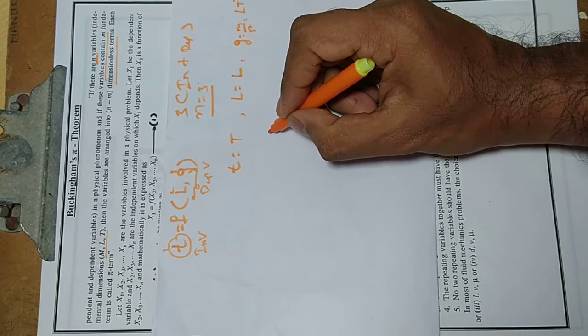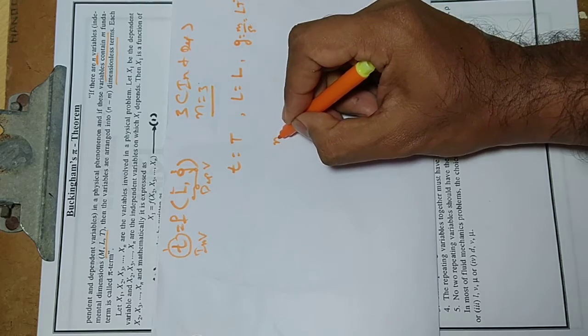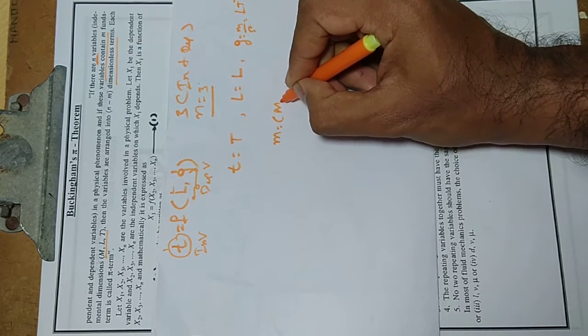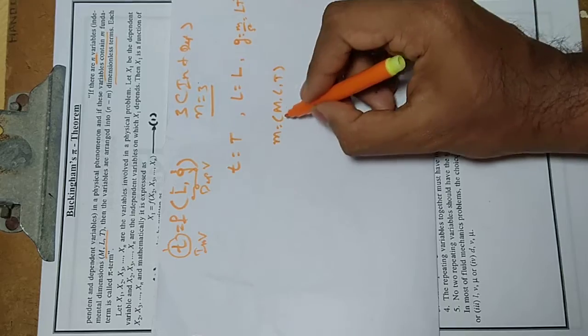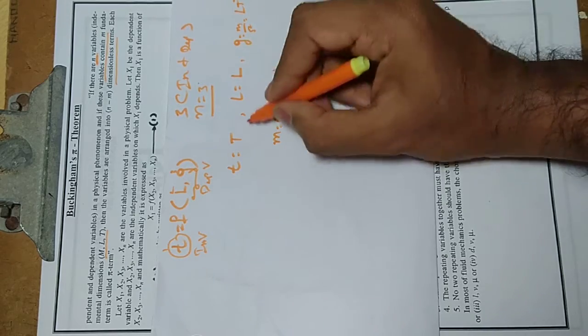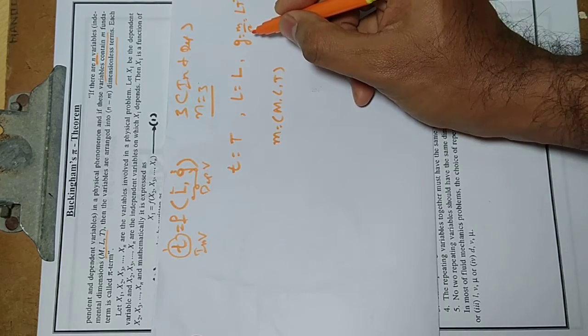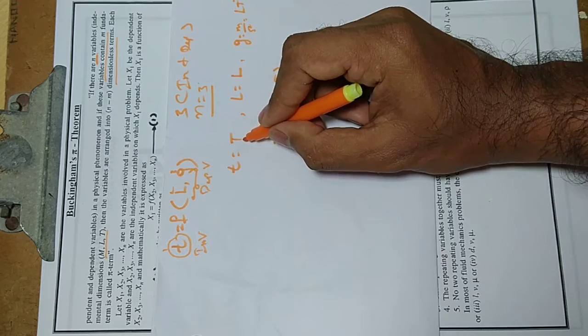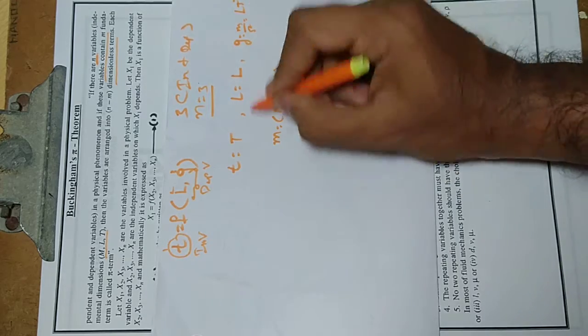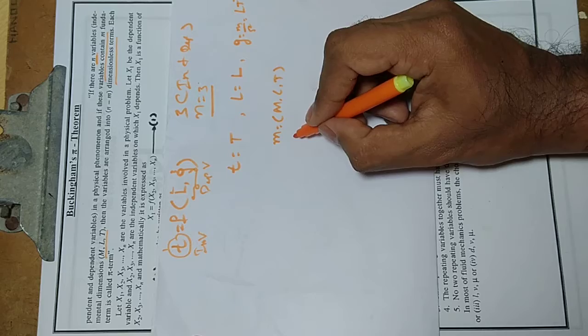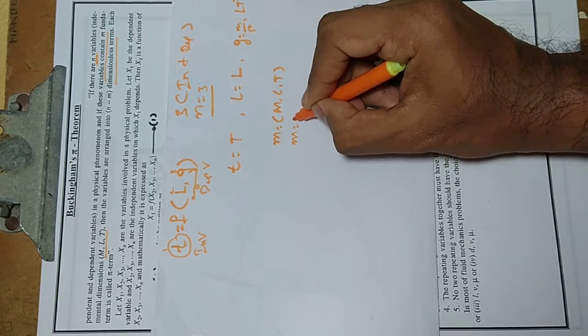We know the fundamental dimensions are M, L, T. How many fundamental dimensions are there here? Only two dimensions are there: L and T, not M L T.